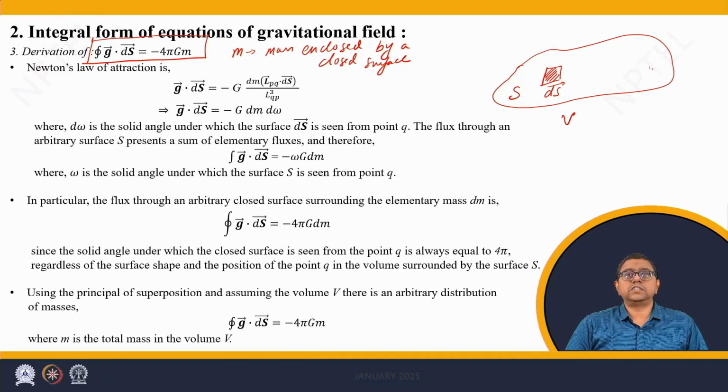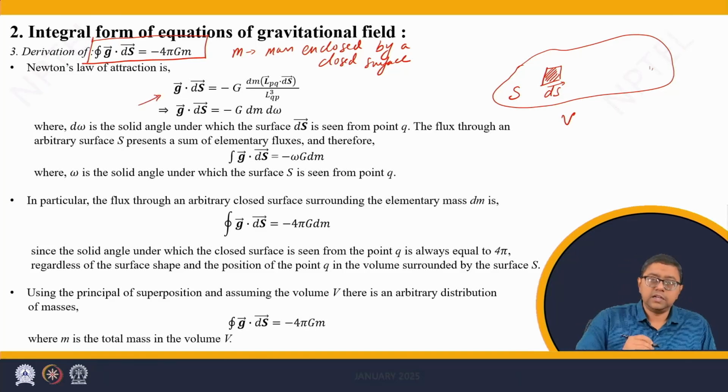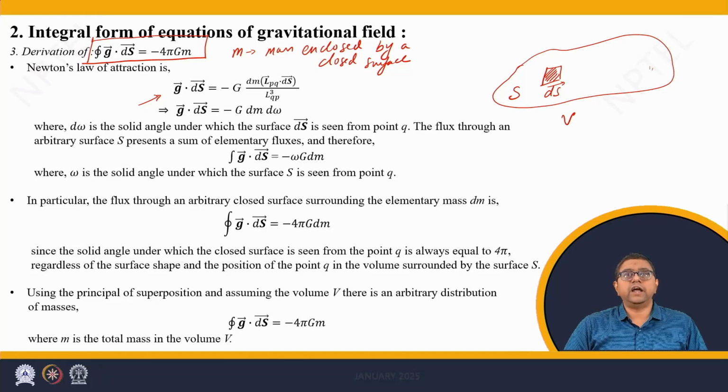Thus, the flux through this ds vector is given by g dot ds, where g is the gravitational field. Now we consider the mass m.